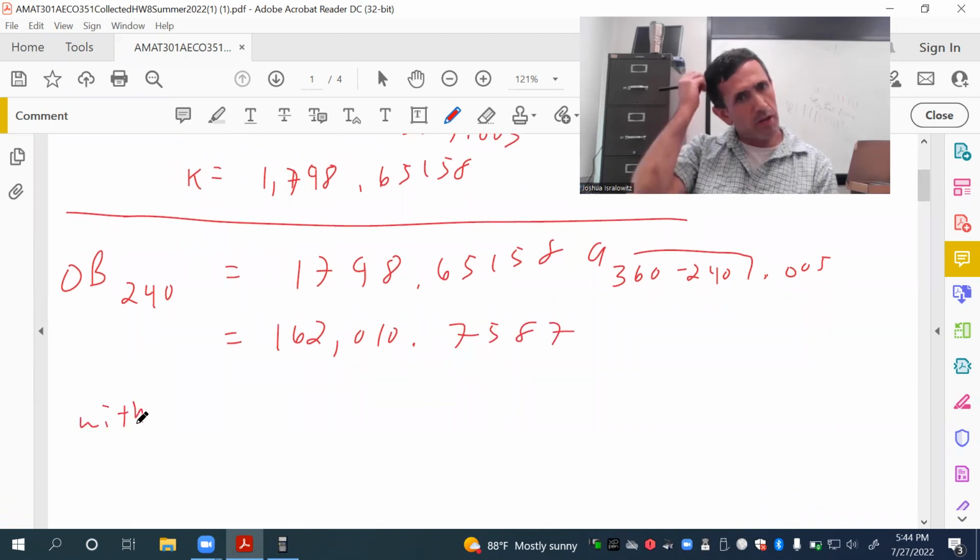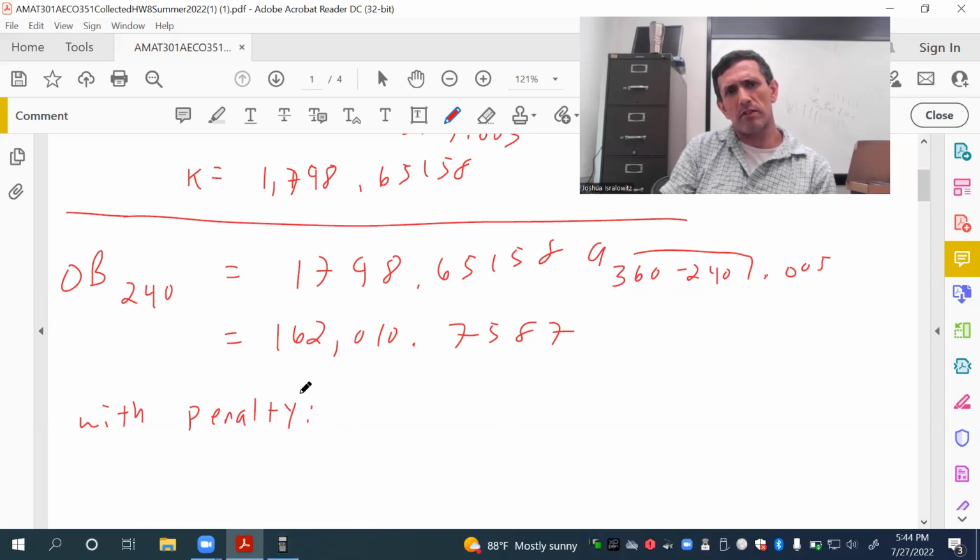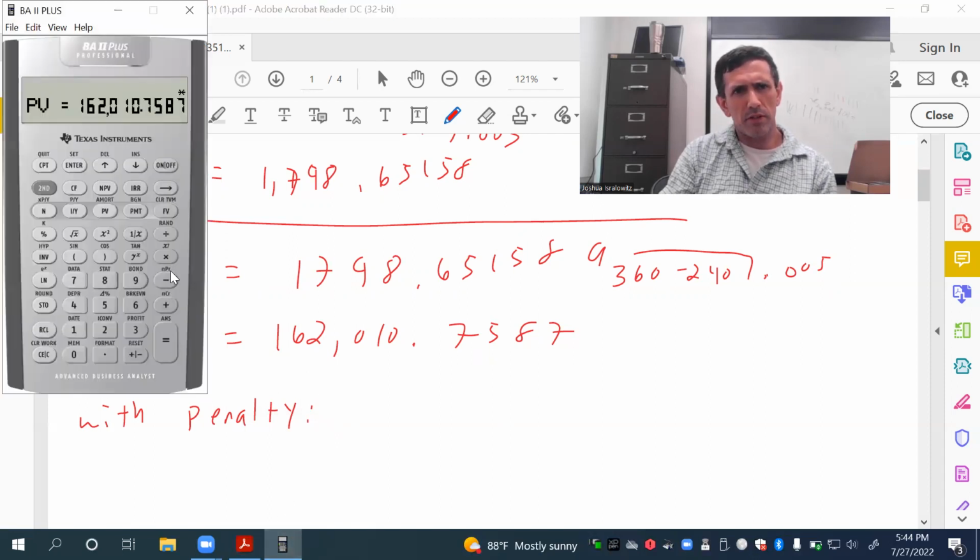All right, so you pay a 5% penalty. So just times this by 1.05. I'm not going to write it, but you just take this. There's a 5% penalty on your outstanding balance after 20 years. So just times 1.05.